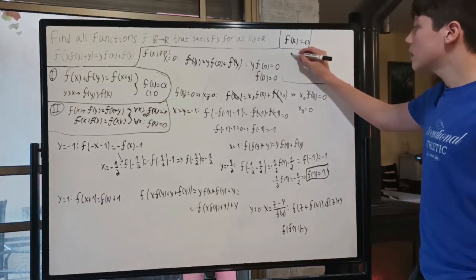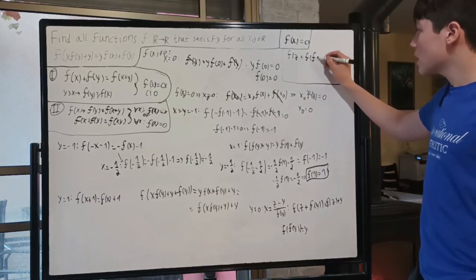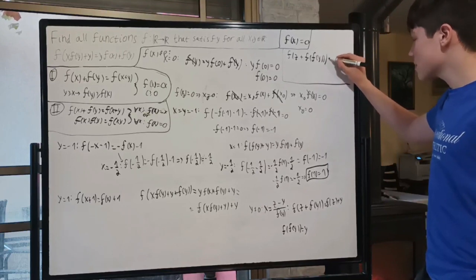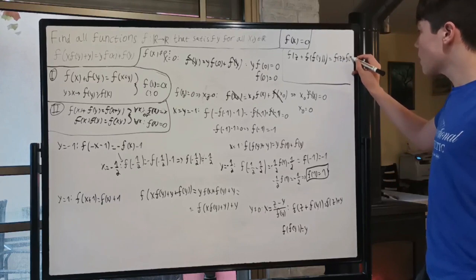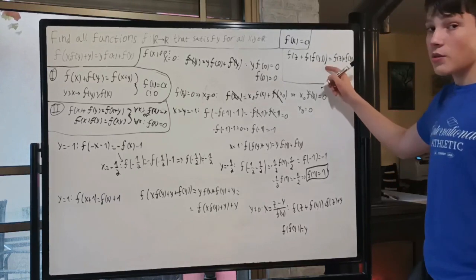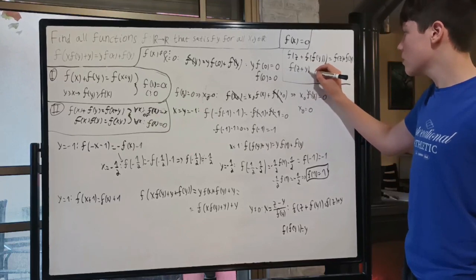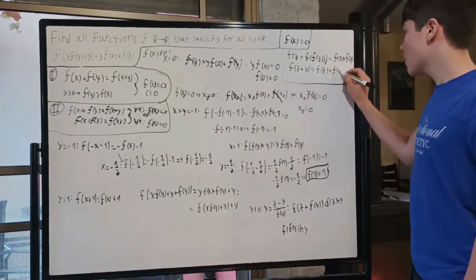We get f of z plus f of y. Equal to f of z plus f of y. And we know this value is y. So f of z plus y is equal to f of z plus f of y.